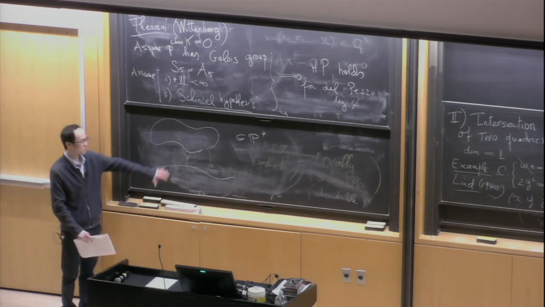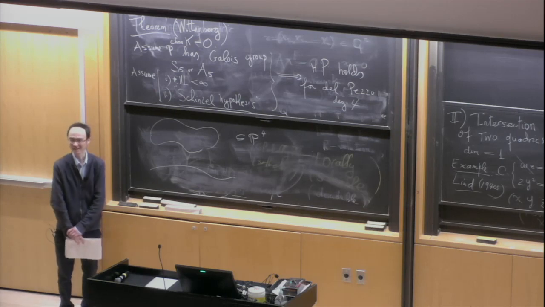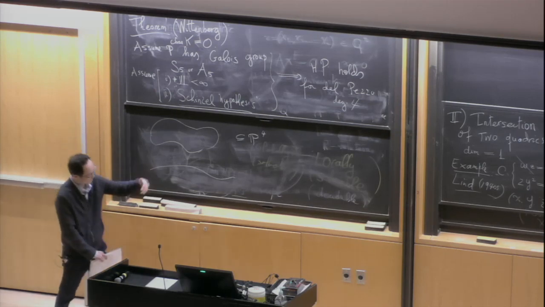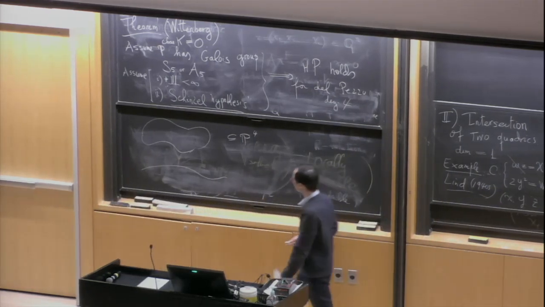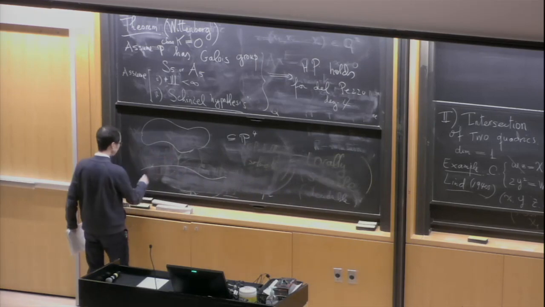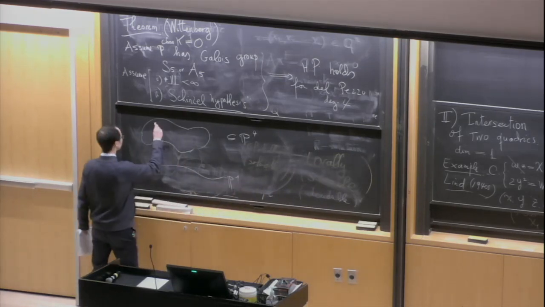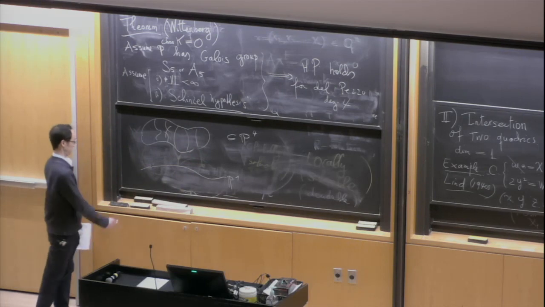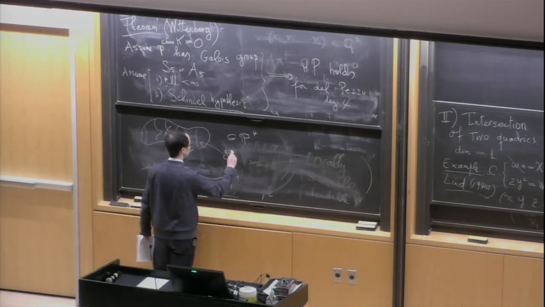So if you take a hyperplane section, you get an intersection of two quadrics in P3, which is a genus 1 curve, as we discussed. In other words, you get a fibration over P1 where all the fibers, at least generally, are genus 1 curves.